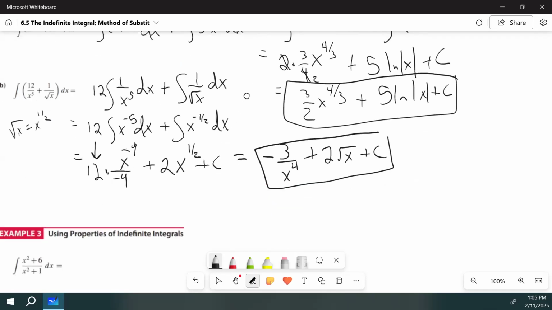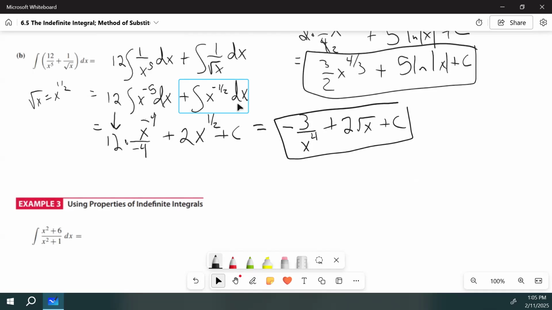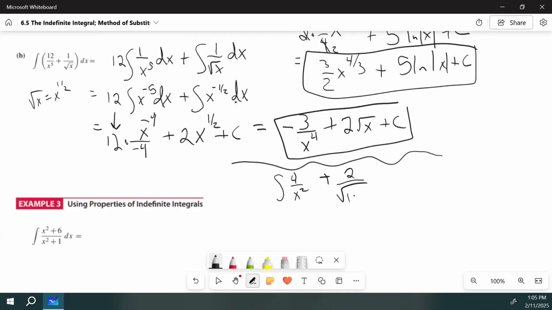Let's look at another example. I want to just do one extra one right over here. If I had the integral of 4 over x squared plus 2 over the square root of 1 minus x squared dx, I could rewrite that as 4 times the integral of x to the negative 2 plus 2 times the integral of 1 over the square root of 1 minus x squared dx.